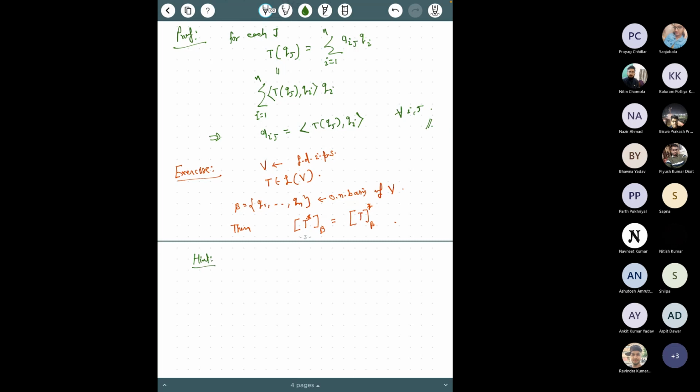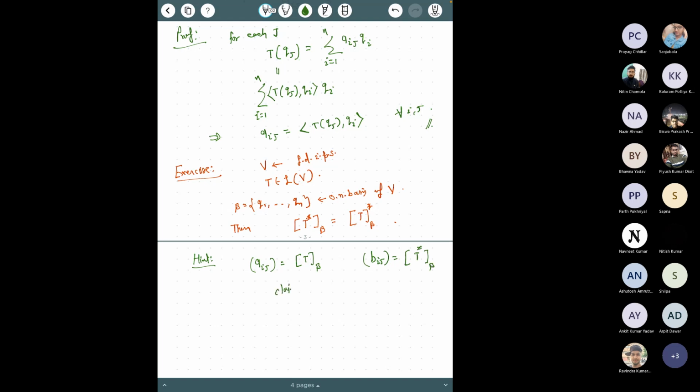So what we have to show is that this is true. We can find the matrix of T star because T star is a linear operator on V. T is a given operator on V, so we can find both these matrices. We just need to show that one matrix is the complex conjugate transpose of the other one. Let's say Aij denotes the matrix of T with respect to the basis B, and Bij denotes the matrix of T star with respect to this.